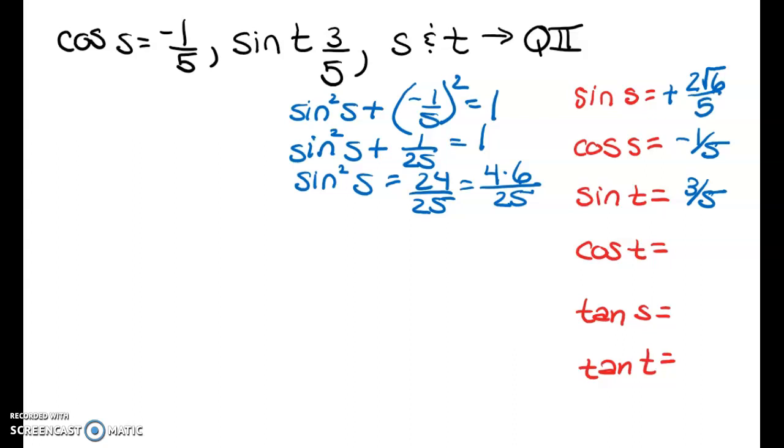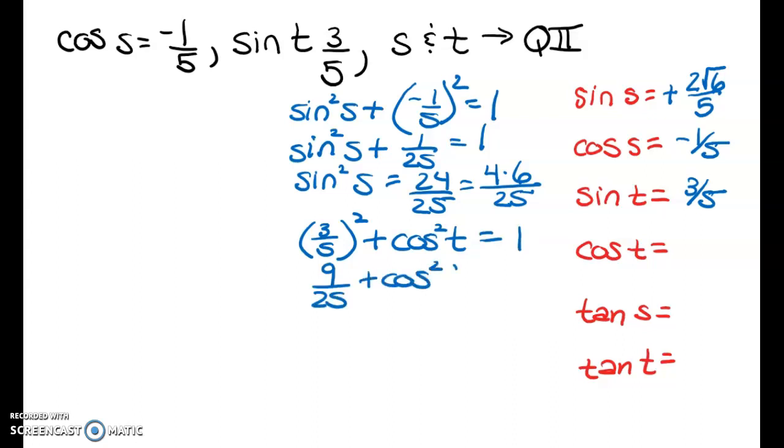When I find the cosine of t, I'm going to do the same thing. I'm going to say sine of t squared plus cosine squared t equals 1. So I get 9/25 plus cosine squared t equals 1. So cosine squared t is going to be 16/25. When I take the square root, cosine should be negative because it is a Q2 angle. So I'm going to get -4/5.